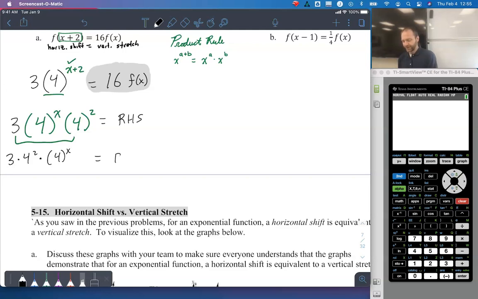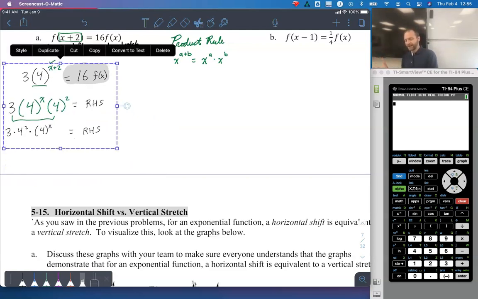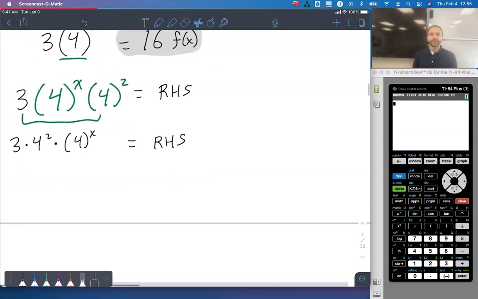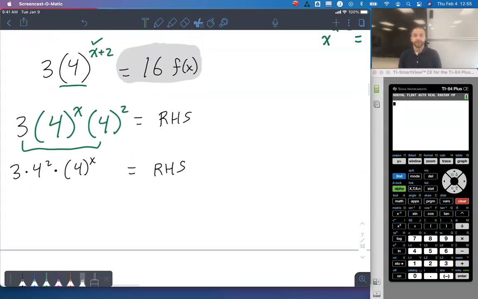I'll put that there both times. And so right now you may be going, well, how does this even begin to become what I want? Well, I want a 16. I mean, the whole idea is you know what it should equal. I know I have to have a 16. Isn't 4 squared 16? I've got it. I've got the 16. It's taken care of. It's locked in on the right side.